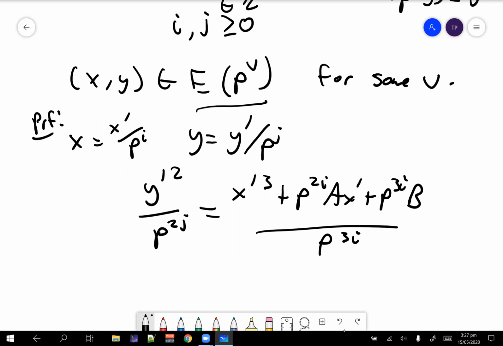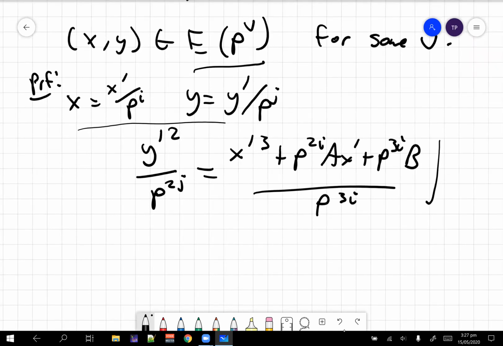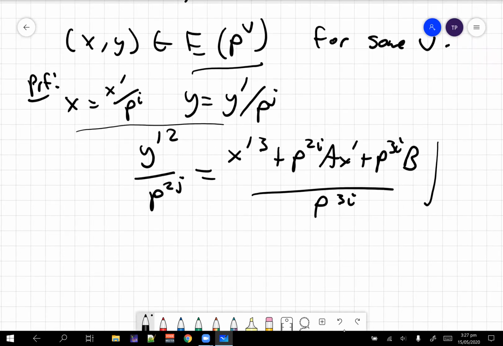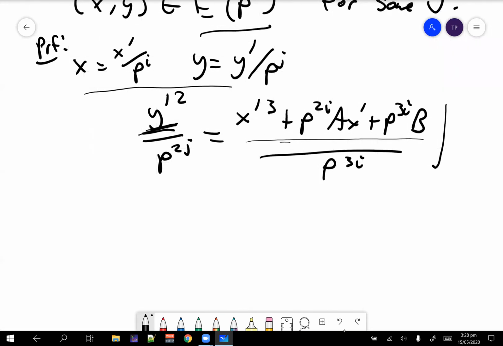So when we just substitute these in, we get this thing here. And we can see that since y prime is a unit in the p-adics, the numerator on this side is a unit, and the numerator on this side here is also a unit. So that means the valuation of both sides must be equal. In particular, 3i equals 2j.